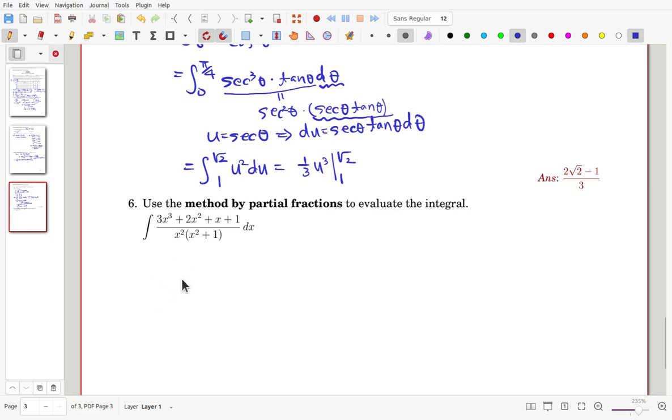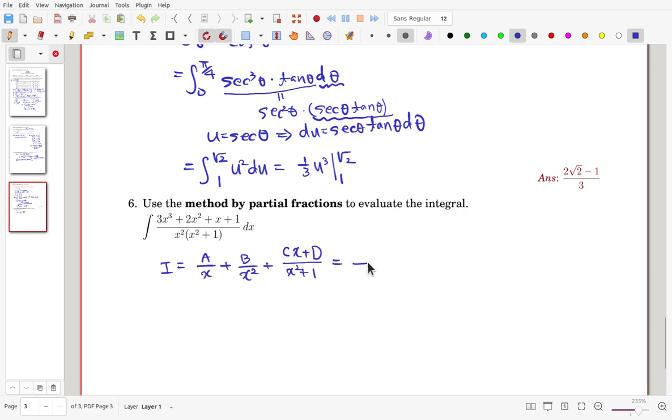The manner is, for this linear factor, we have here A over x, and because of power 2, we have to put another one like that. And for x squared plus 1, the bottom is x squared plus 1, and the top for a quadratic factor has to be linear, right? So now we have to decide A, B, C, D.